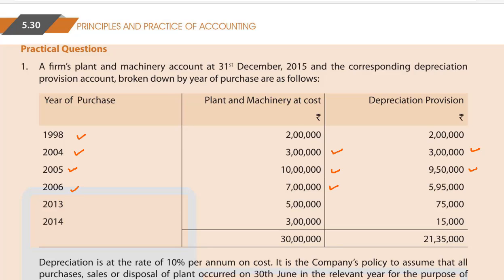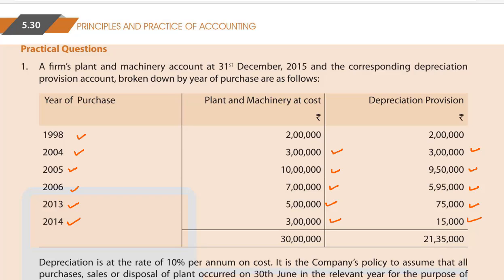In 2006, plant and machinery at cost 7 lakhs and depreciation provision is 5 lakh 95,000. In 2013, at cost 5 lakh and depreciation provision is 75,000. In 2014, at cost 3 lakh and depreciation provision is 15 lakhs.